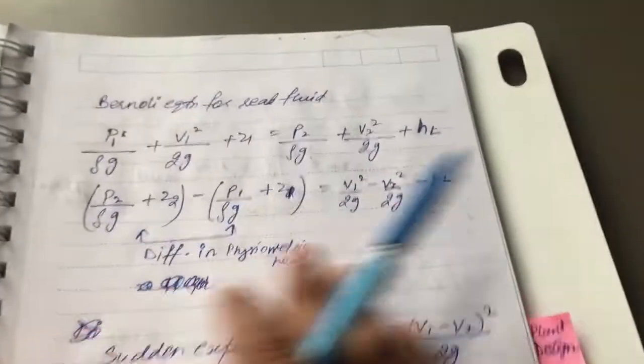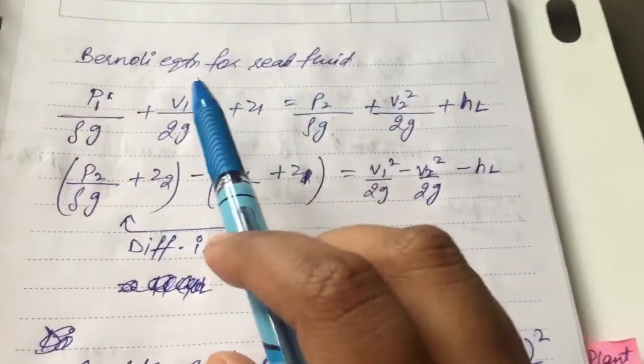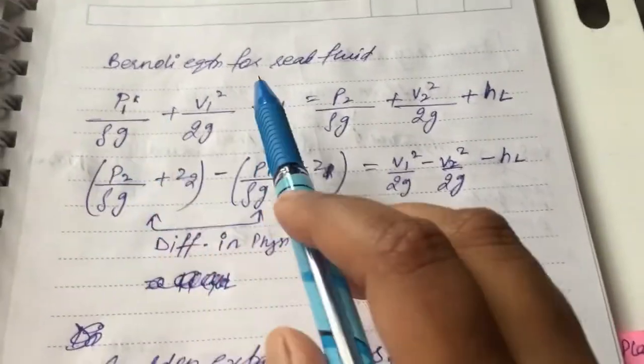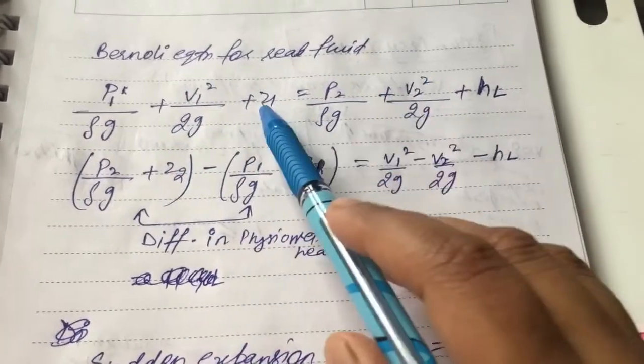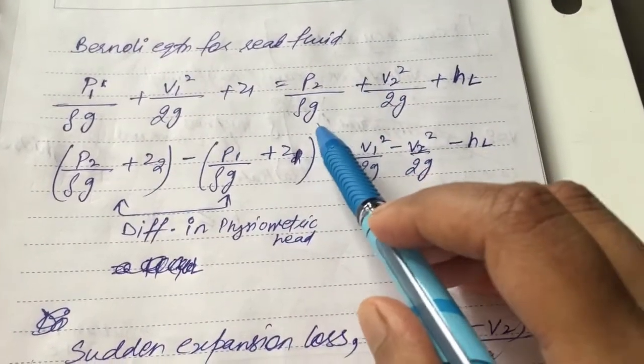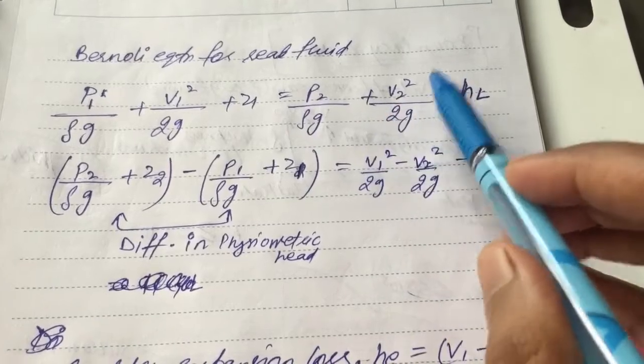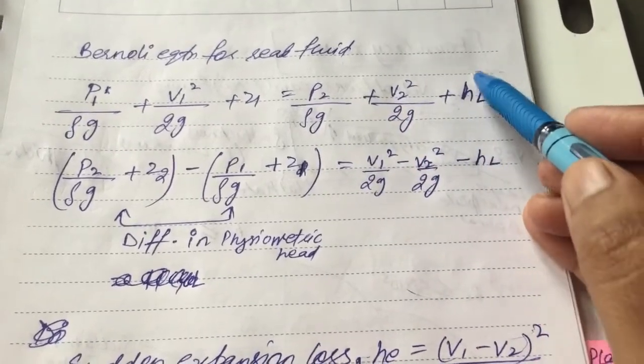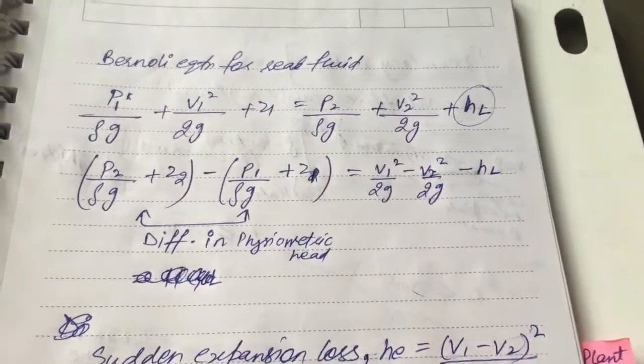Then we have the Bernoulli equation for real fluid, which is P1 by rho g plus V1 square by 2g plus Z1 is equal to P2 by rho g plus V2 square by 2g plus Z2 plus HL, the total head losses.